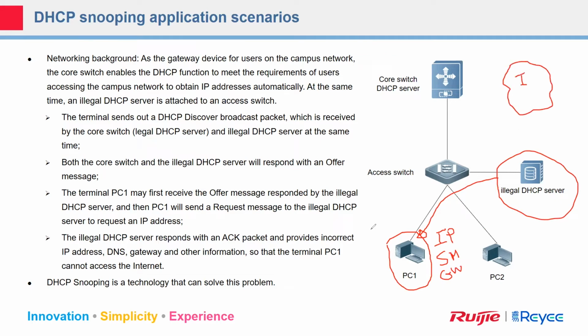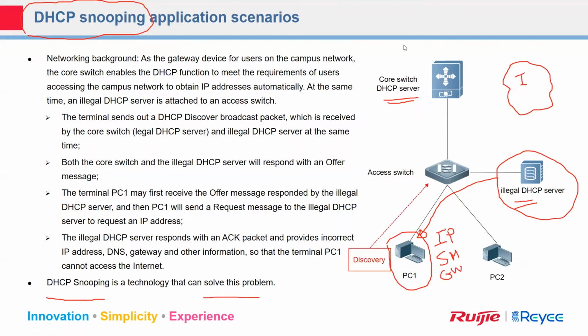So how do you know if this is legal and this is illegal? This is where DHCP snooping came in. Snooping is used when someone is trying to spoof the packets sent from the PC to the server and from the server back to the PC. So the only solution is turning on DHCP snooping. It's a technology that can solve this problem.